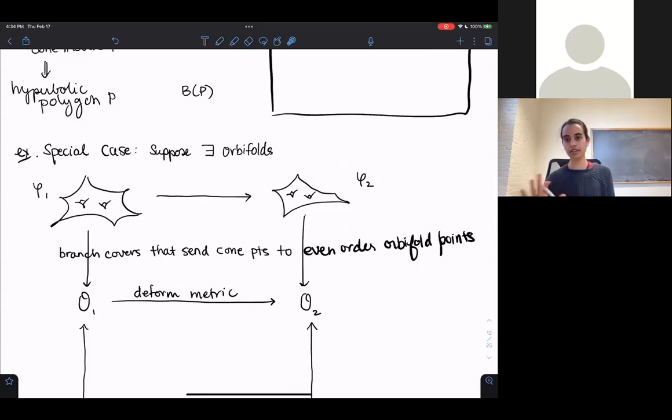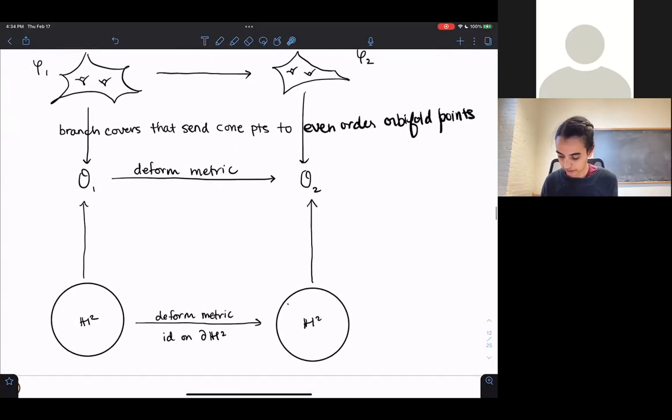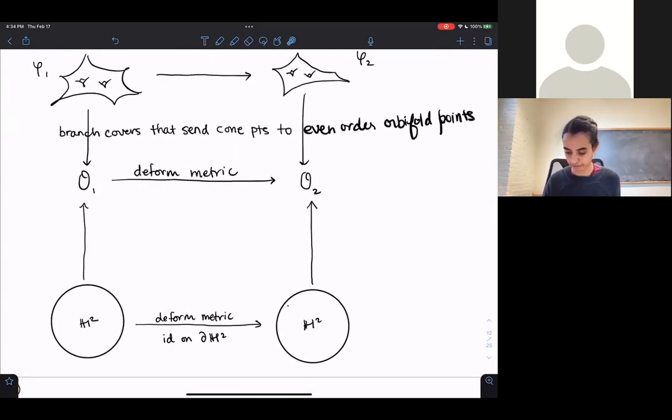So let's consider this special situation. This isn't possible all the time, but suppose we had it. In this case, let's look at the orbifold universal covers. Here they are, and we can lift this map.